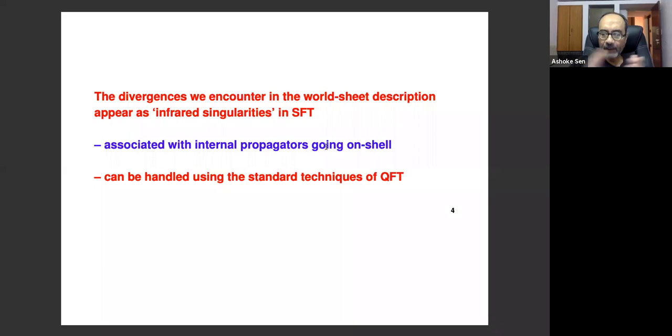But as in any quantum field theory, we typically know how to deal with these cases. Whenever an internal propagator goes on shell, that basically means you are following the wrong procedure to do your computation, and quantum field theory also tells us how to rectify it. So these divergences can be handled using the standard techniques of quantum field theory. That's the reason why string field theory is used.